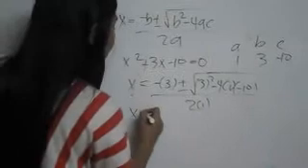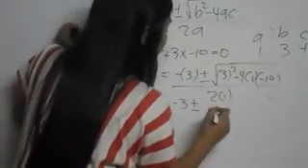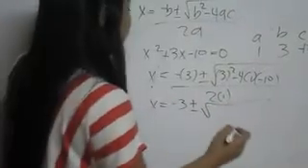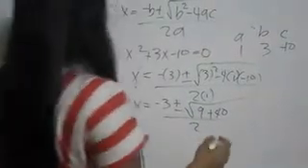So x is equal to negative 3 plus or minus the square root of 9 minus 4 times negative 10, positive 40, all over 2.